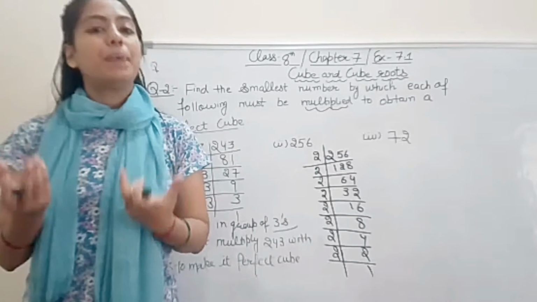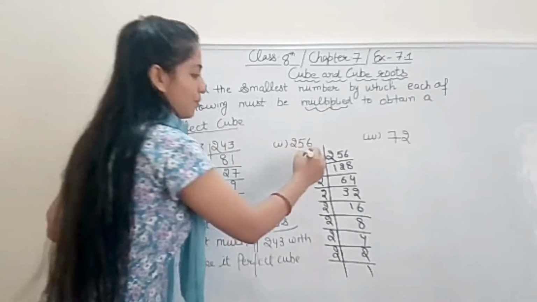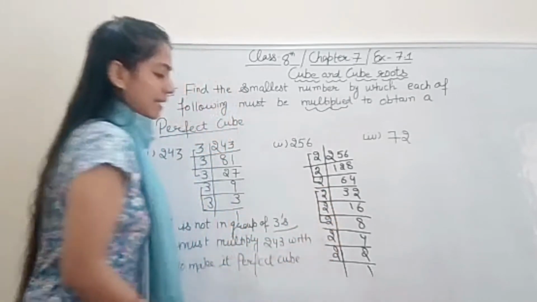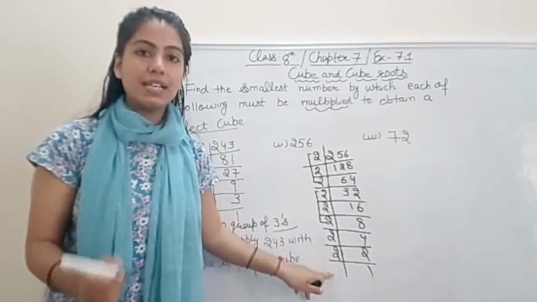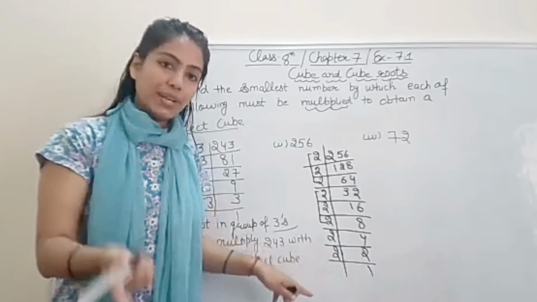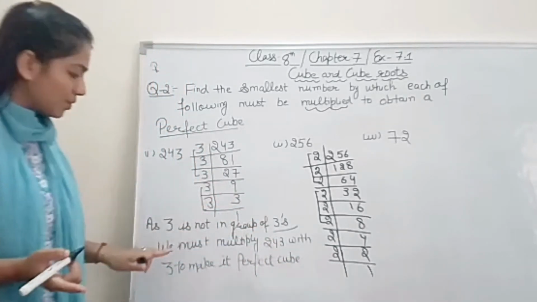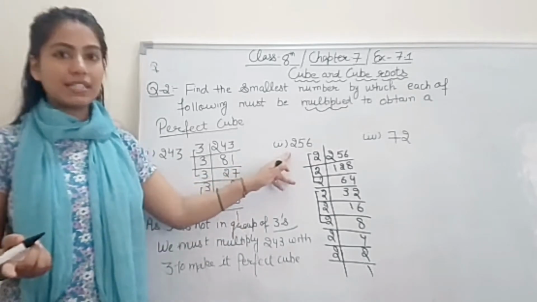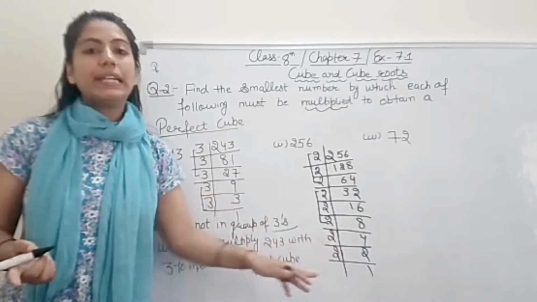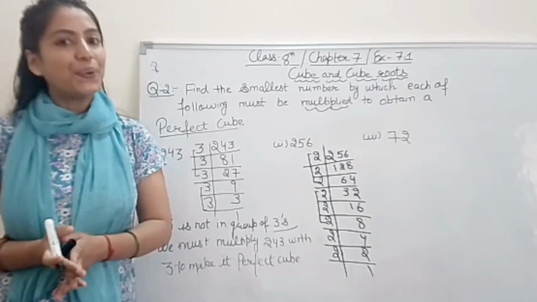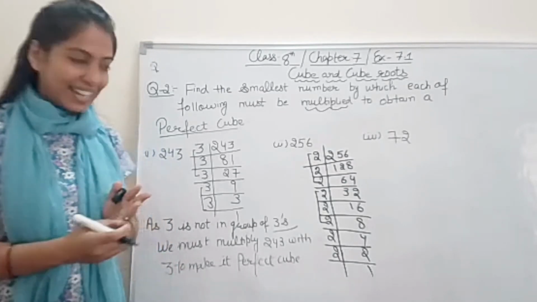Now make groups of 3. So 2 in a group of 3, yes. 2 in a group of 3, yes. Here what is missing? One 2 is missing. So again you will write, as 2 is not in a group of 3, we must multiply 256 with 2 to make it a perfect cube. The language you can write better by your own. It is very simple, right?